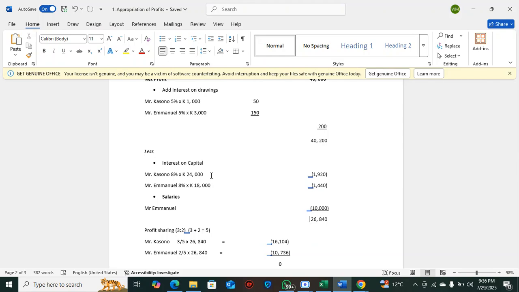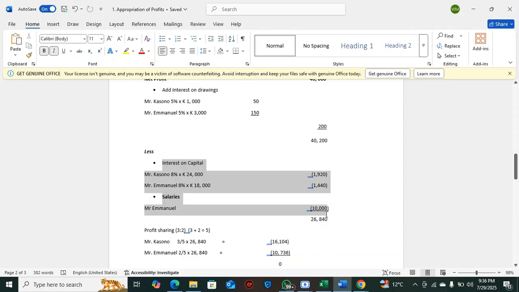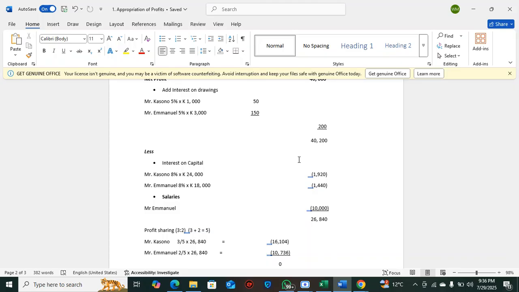Okay, so your question is, why are we subtracting these here? Why didn't we add them? On the salaries part.